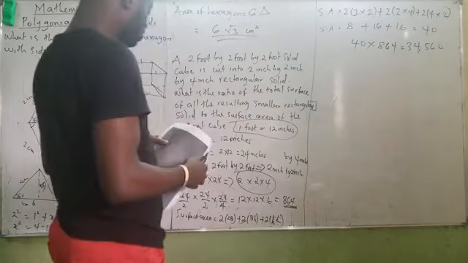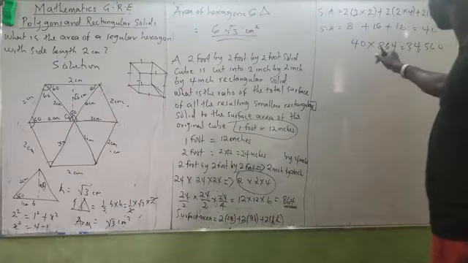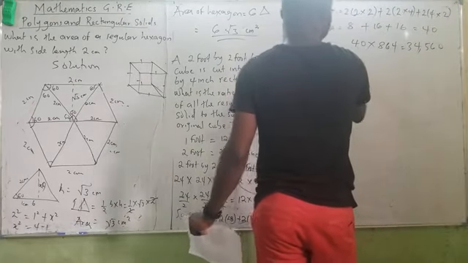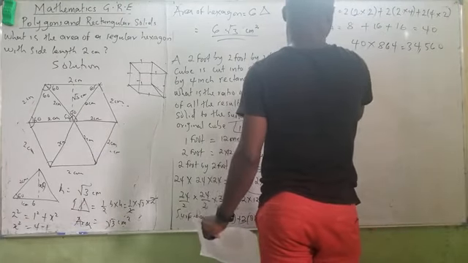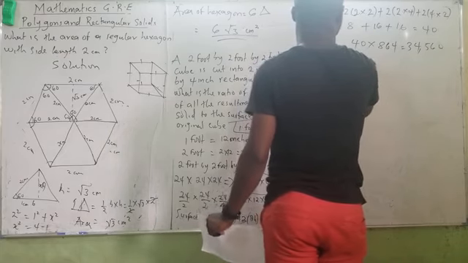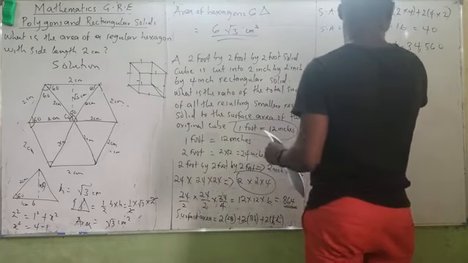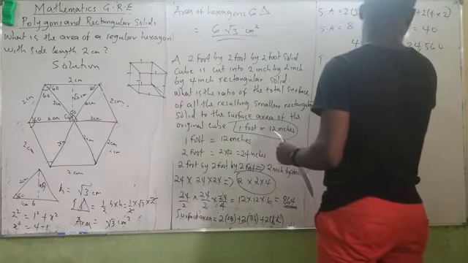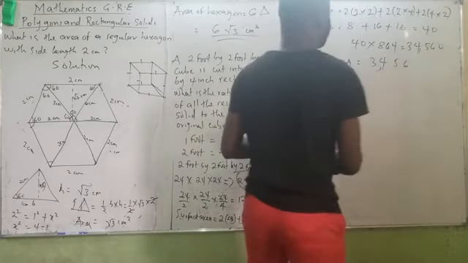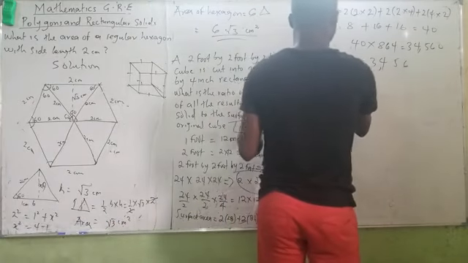Now, I will move on to the next one, which is the total surface area. Total surface area will be equal to this, and surface area will be equal to 3,450. That is going to be 3,454.